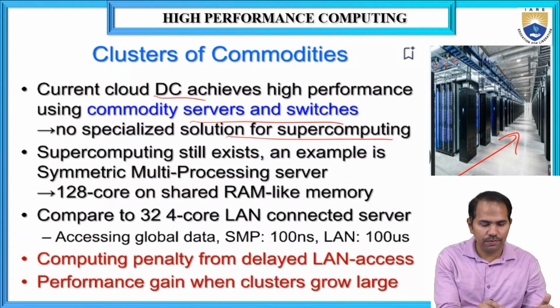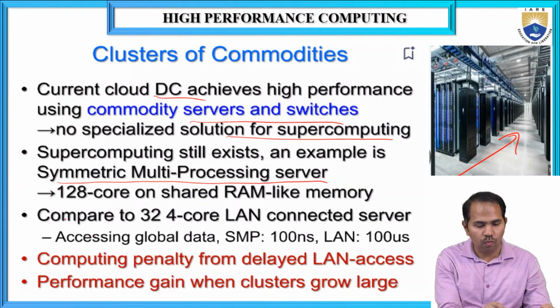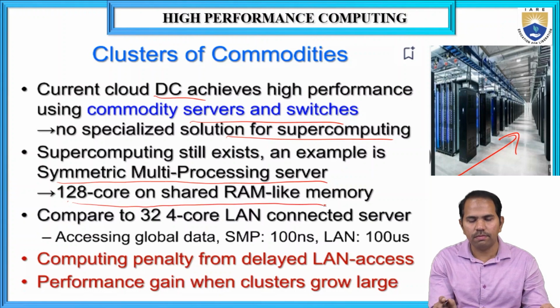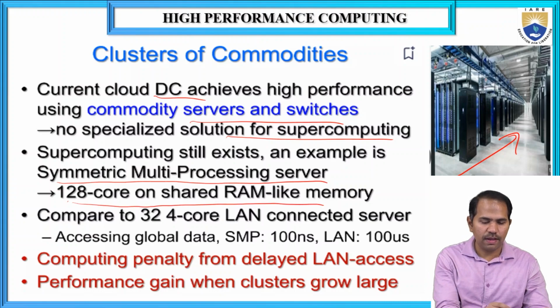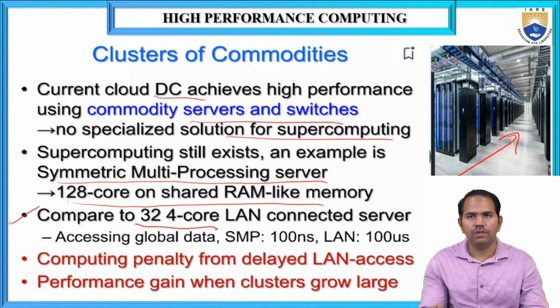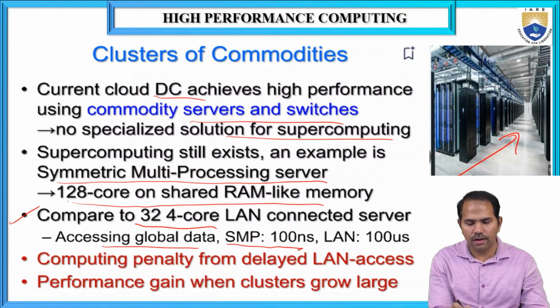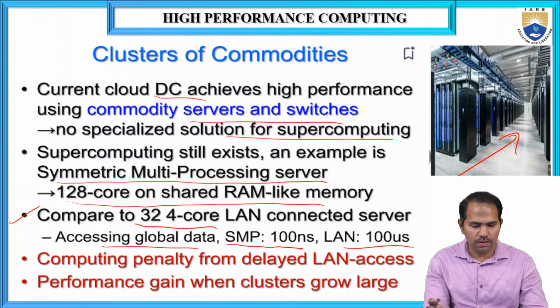An example is a symmetric multiprocessing server, which holds 128 cores and shared RAM, compared to 32 four-core LAN-connected servers. Accessing global data is 100 microseconds on SMP systems, while the LAN has 100 microsecond systems.